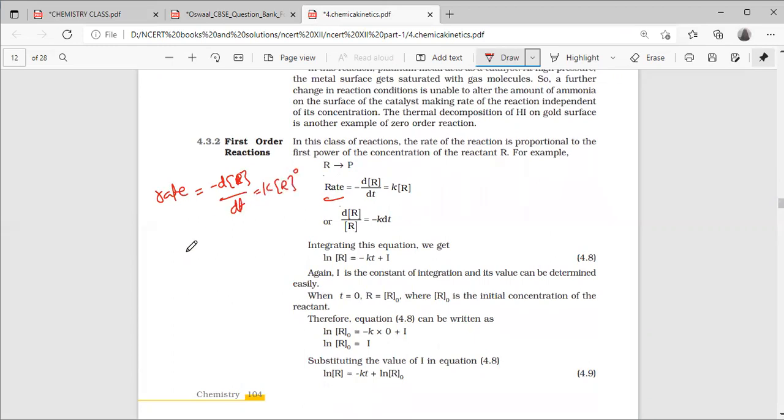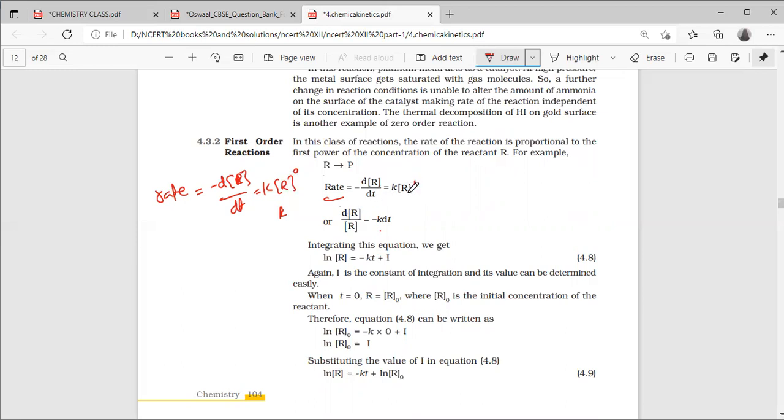Same formula. Here r to the power of 1. This is the first step difference. There, r to the power of 0 was 1, that means only k into 1, k. But here k into this r.